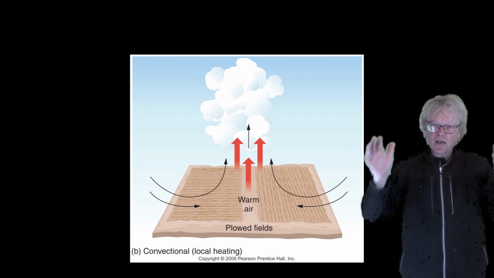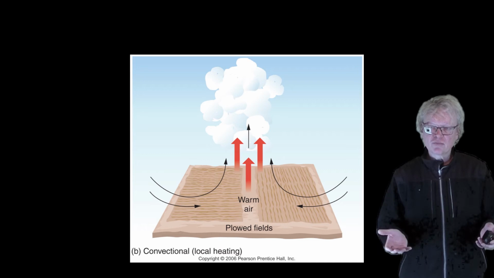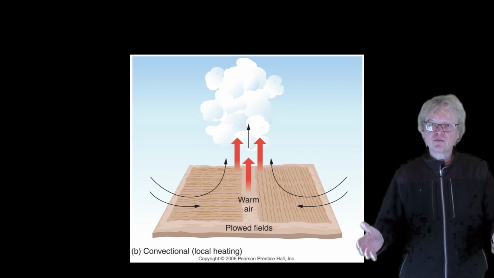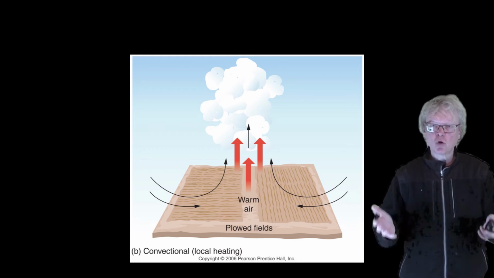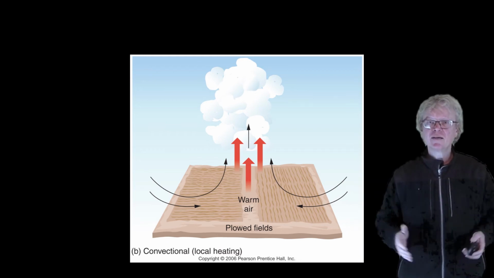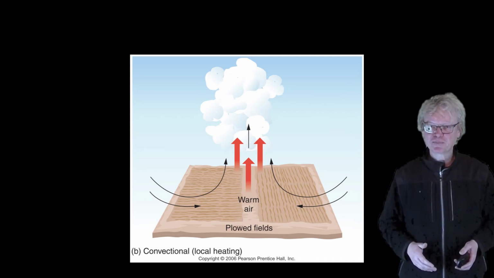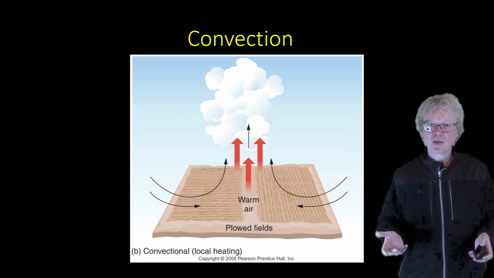So, with an amount of air near the Earth's surface, as it's getting warmed, it can be forced to rise. And if that continues to heat, then more air will be forced up and it will rise through the air that is around it. So that's one way, and we call that convection.